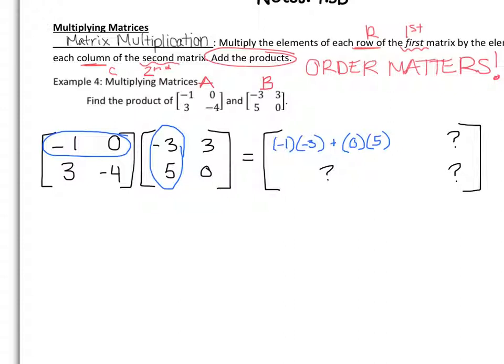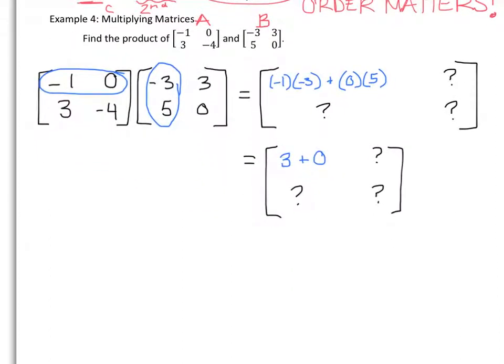Now just simplify. -1 times -3 is 3, plus 0 times 5 is 0. I still don't know my other three elements. We'll do those in a minute. So we simplify, and we get 3 as that very first element, row 1, column 1.